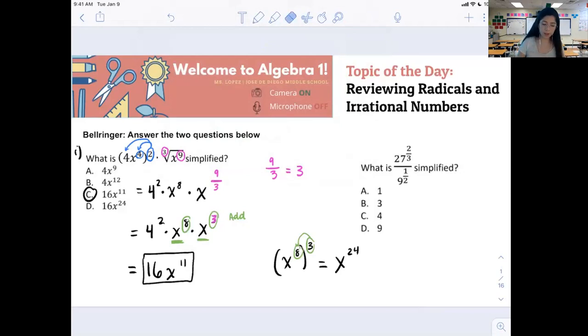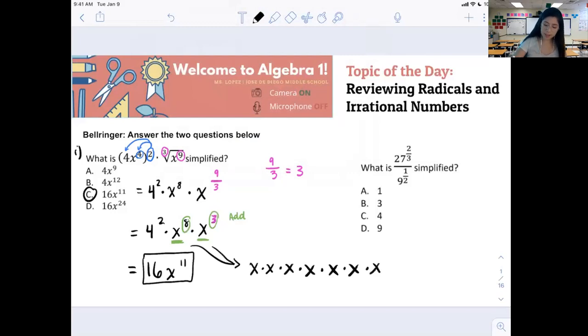And let me show you one more thing. The reason we're adding, because it might seem a little weird, like, why am I adding this? Well, what am I really doing? I'm doing x to the power of 8. So that's x times x times x times x times x times x times x times x. That's 8. 1, 2, 3, 4, 5, 6, 7, 8.